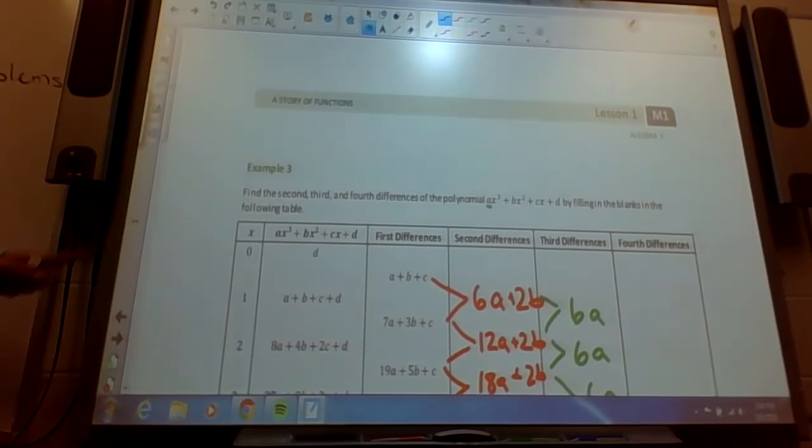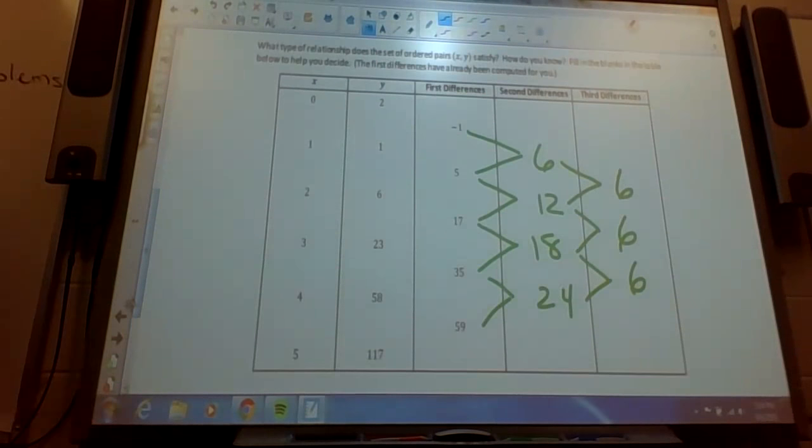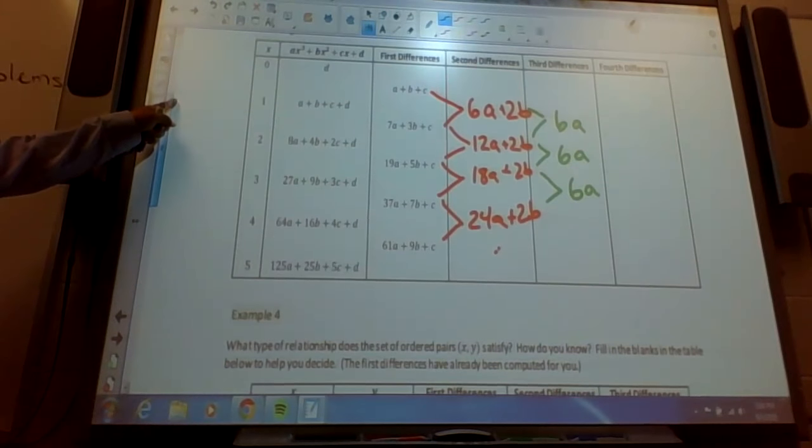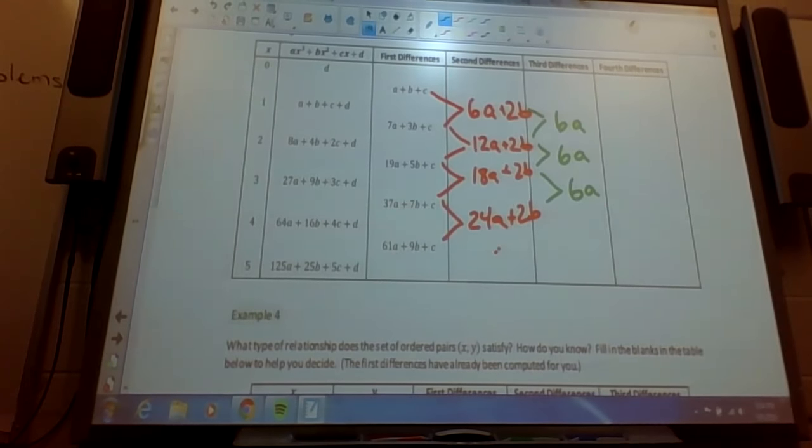Now I gotta go back. What's the next pattern that I can figure out?